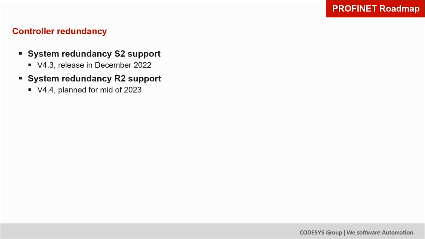The S2 support will be released in a first version in December of this year with version 4.3 of Profinet, and the R2 support for system redundancy is planned for around mid 2023 with version 4.4 of the Profinet add-on.